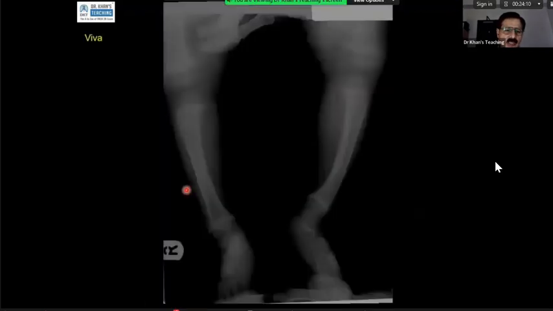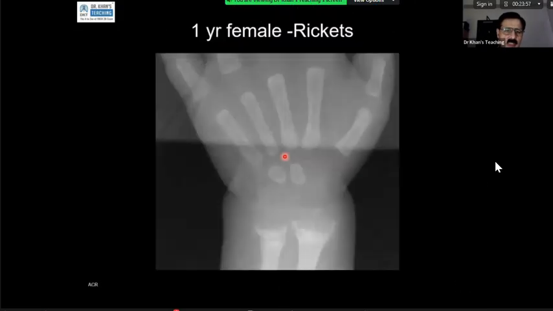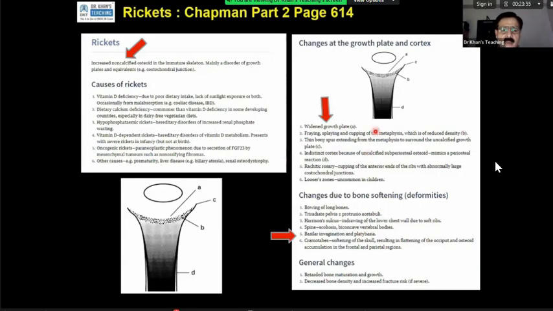Now, if you see here, in this particular case you can see that there is a bit of cupping here. You can see a bit of bowing here of the bone. Now, if you go back to the features of rickets from your book, Chapman: changes at the growth plate and cortex, changes due to bone softening.